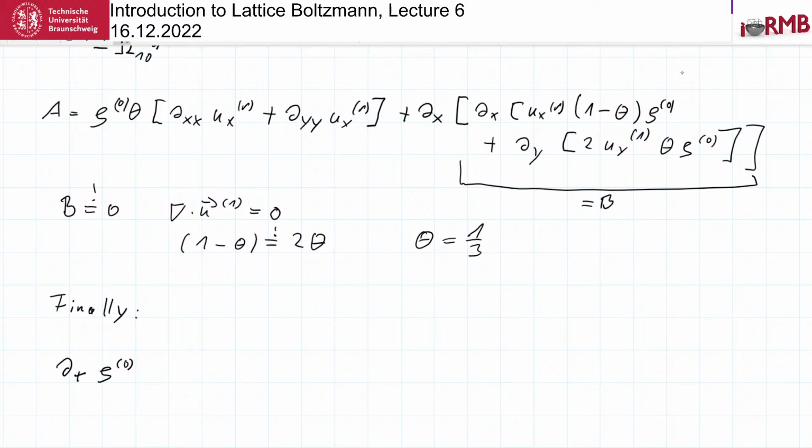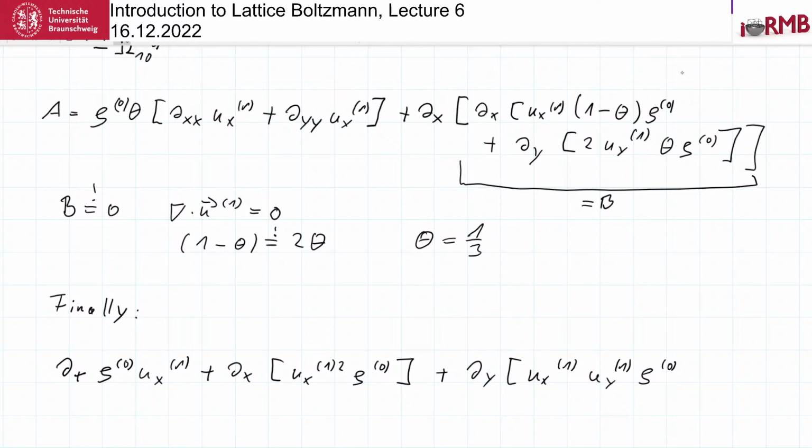So finally, we can arrange this as the time derivative of ux first order plus dx ux first order square rho 0 plus dy ux first order uy first order rho 0.